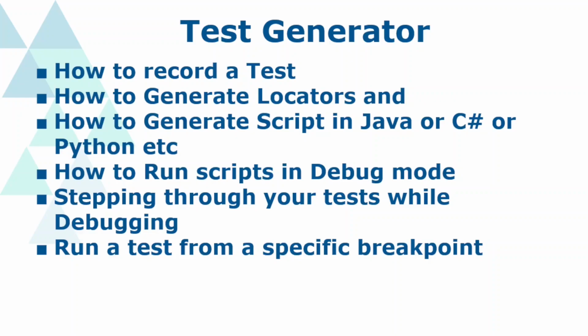And I'll show how you can run your tests from a specific breakpoint. All these are very positive points and strengths that the Playwright automation tool has compared to other tools like Selenium and Cypress. Okay, now let's jump onto the system and see how we can perform all these activities.